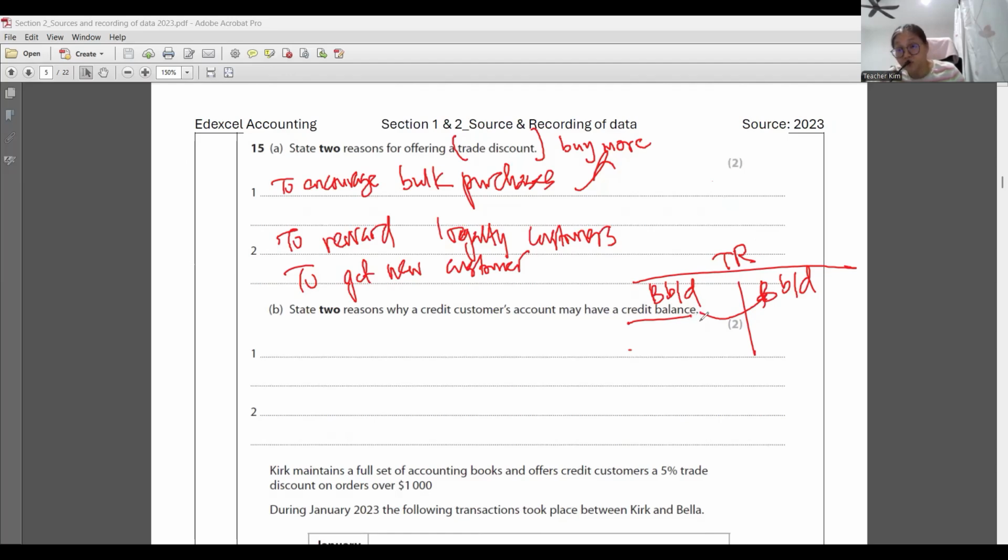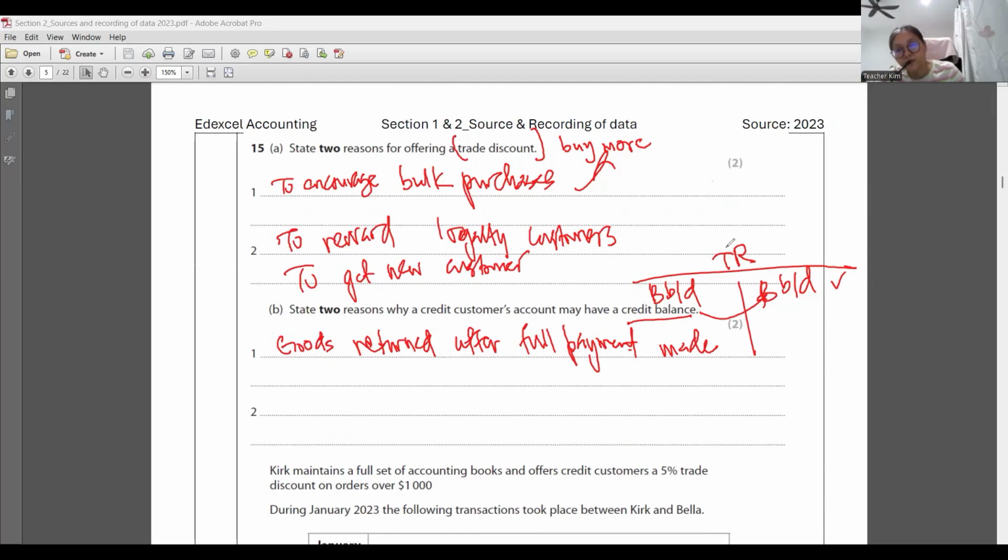Suddenly, they return the goods. So in this situation, we will have a credit balance. We are owing money to the customer. Okay? So this situation happens when the goods are returned after full payment is made.